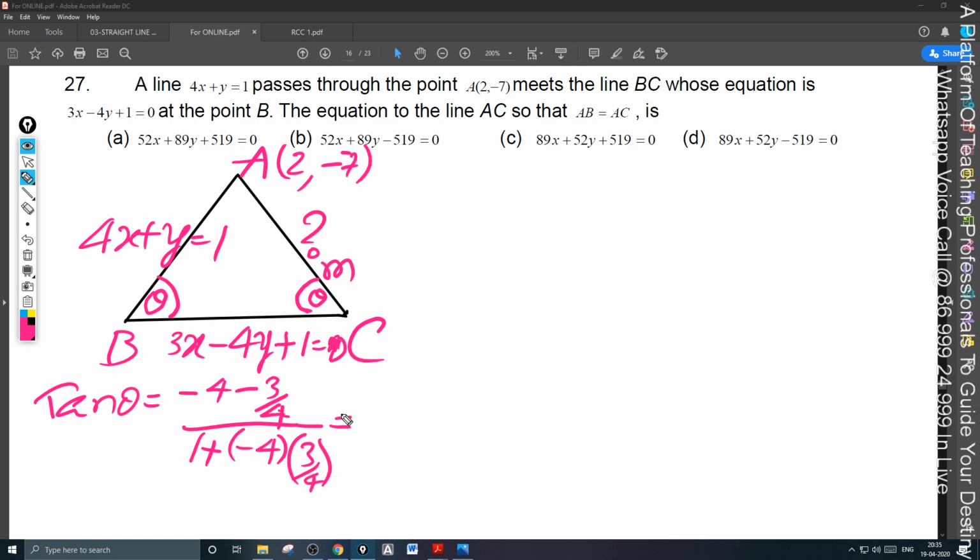Now let us apply the angle formula for AC and BC. Let us write the modulus here because we don't know whether it is positive or negative. Modulus of m1, that is m, minus m2, minus 3 by 4, by 1 plus m1 m2, m into 3 by 4.